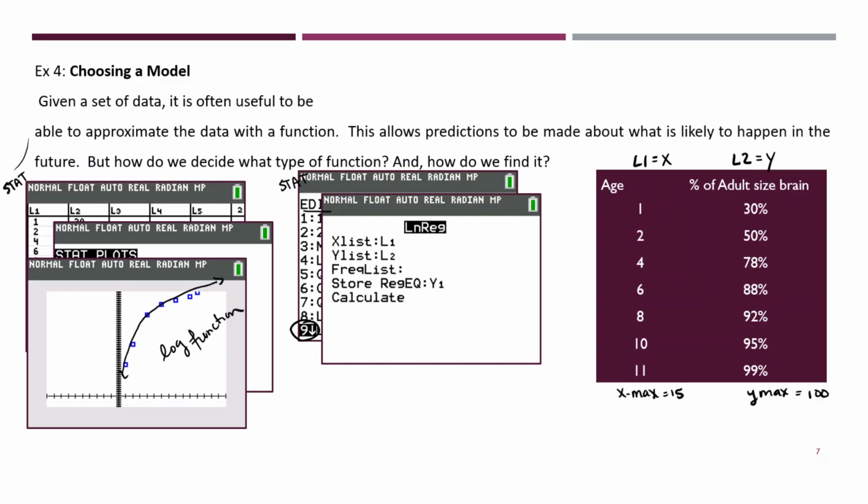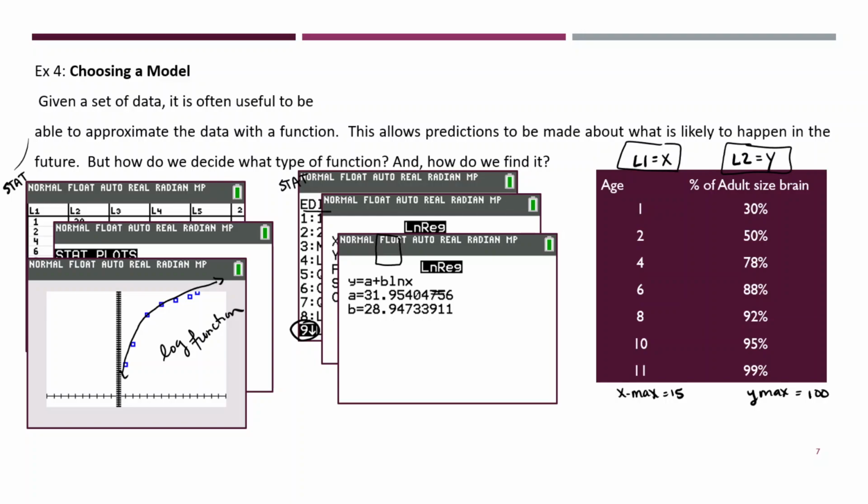And when I do that, I'm going to make sure these two lists are the lists I entered my data in. Okay, so sometimes you might have more than just the two lists, and so you might be in L3 and L4. And then if you want to store it, you can go to your vars button to your variables menu and choose a function to put it in, and then just hit calculate. And it'll give you this.